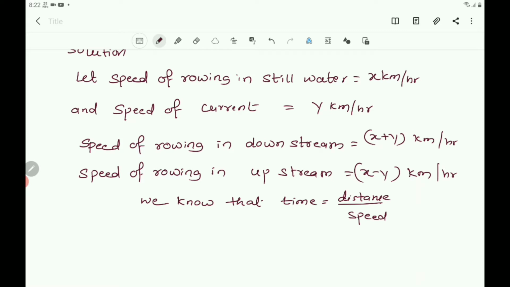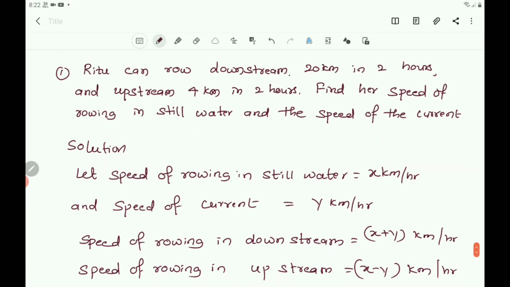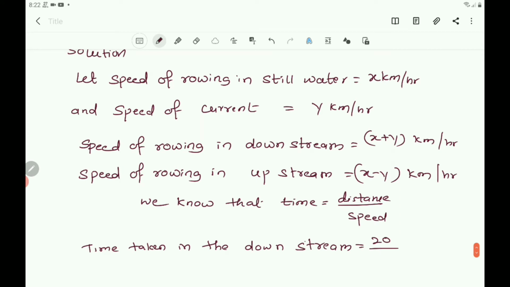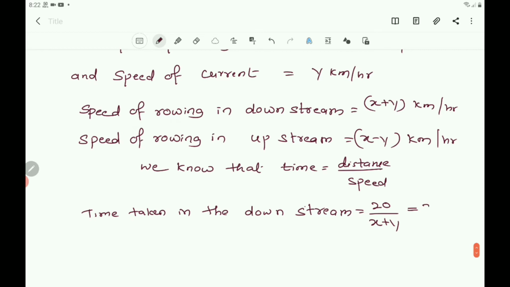So the time taken in the downstream: the distance in the downstream is 20 and the speed we have taken is x plus y. That equals how much time? It is given as 2 hours.